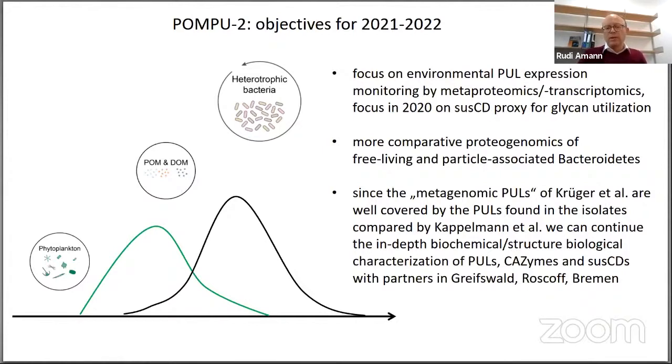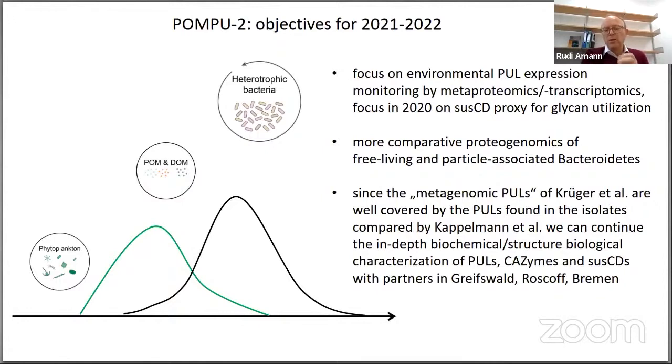We know what the abundant metagenome assembled genomes are, but how gene expression is happening over the course of a spring bloom has been the target of frequent sampling in 2020 with more metagenomes and more metaproteomes than ever. This is a project funded by the German Research Foundation right now for another 2 years.